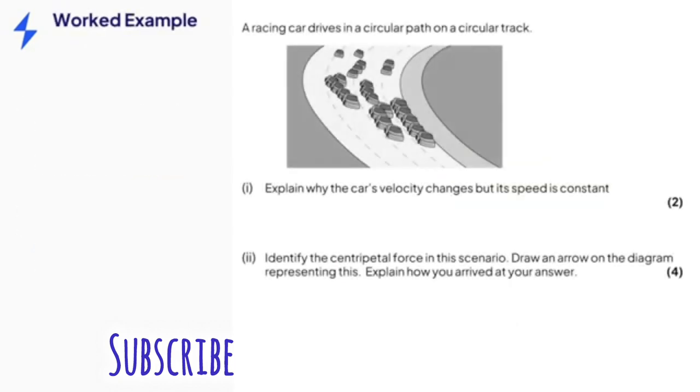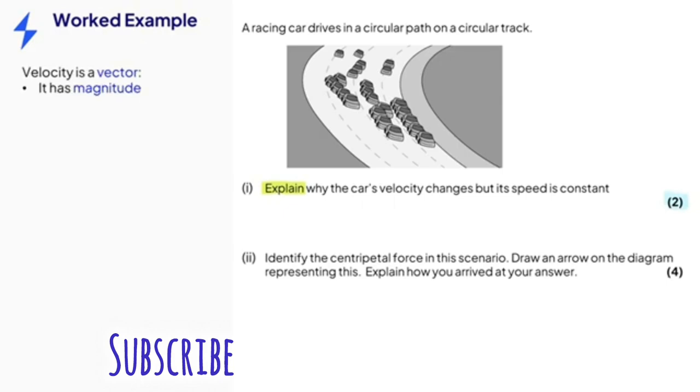Okay, let's take a look at a typical two-part question on this topic. A racing car drives in a circular path on a circular track. First, we are asked to explain why the car's velocity changes, but its speed is constant for 2 marks. Let's remember that velocity is a vector.